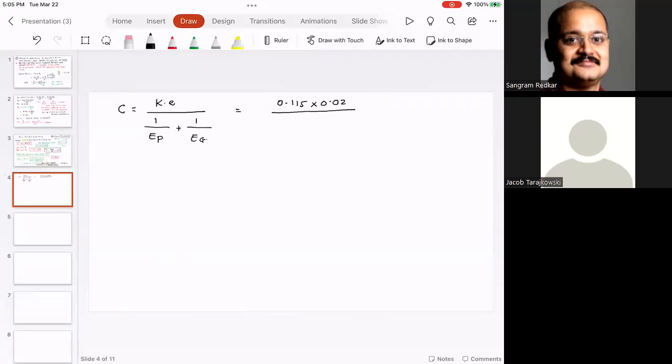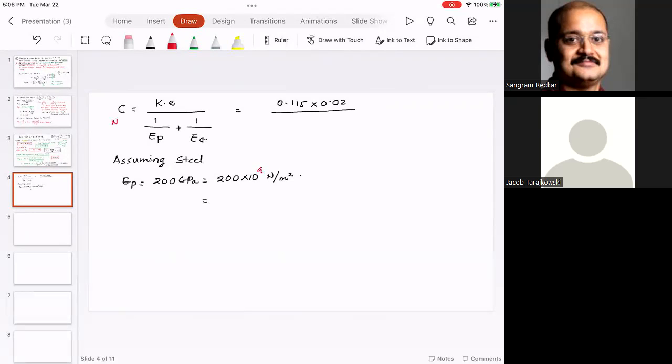Material is not given to us, but since it's 60, I'm going to assume steel. Okay, assuming steel. What is the Young's modulus for steel? 200 gigapascals, which is 200 times 10 to the power 9 Newton per meter square.